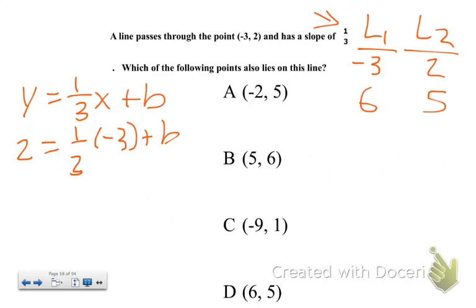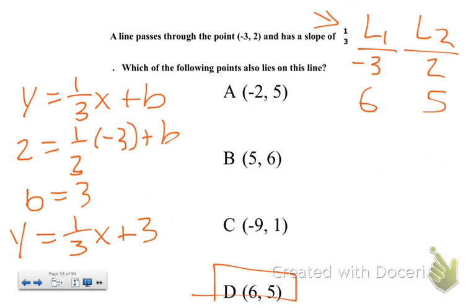Add 1 to both sides, you get b is 3. So the equation of the line is y equals 1/3 x plus 3. Then if I plug in 6, 5, 1/3 times 6 is 2, plus 3 is 5. So this is the only point that makes that equation true. But again, if you like the calculator, that's fine. Put the original point in and see which point gives you a slope of 1/3.